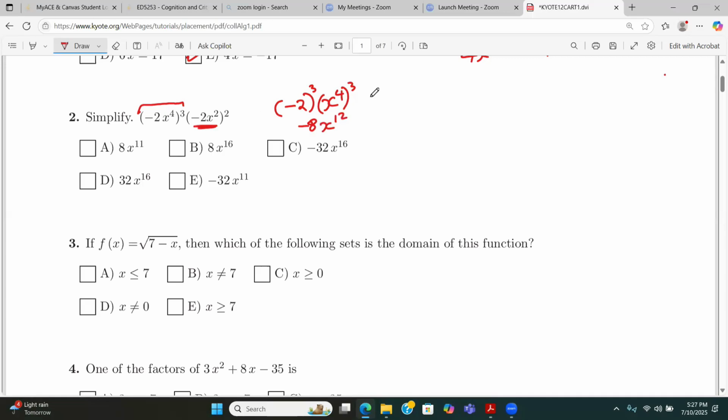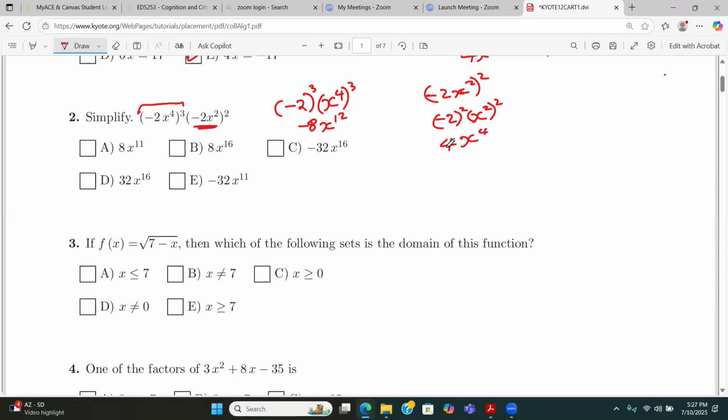Now, for this part, what I'm actually having is negative 2x^2, and then this is squared. The negative 2 will be squared, and then x to the second will be squared. When you square negative 2, you get positive 4, and x to the second being squared becomes x to the fourth. Remember now, these are multiplying.